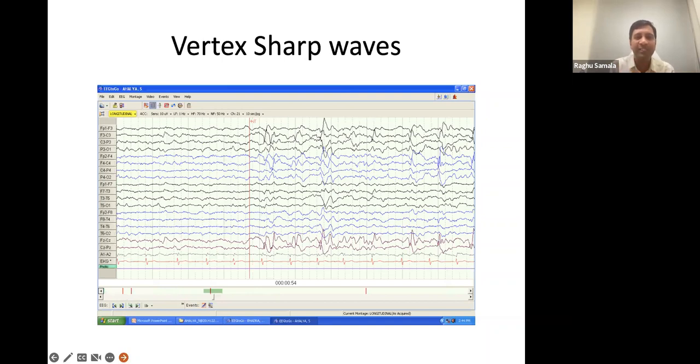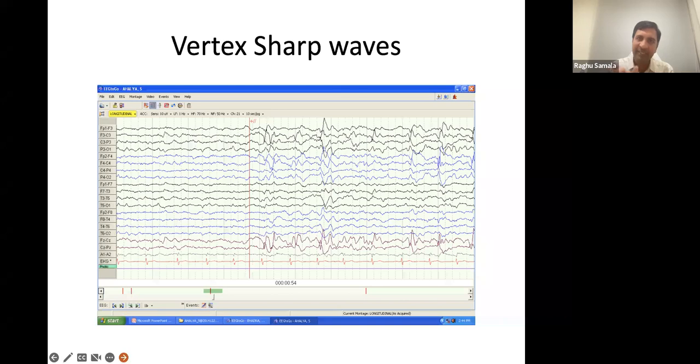We will define what is spike and what is sharp later. Anything which is a pointed wave that stands against the background is a spike or sharp. It has to stand against the background with a pointed edge.